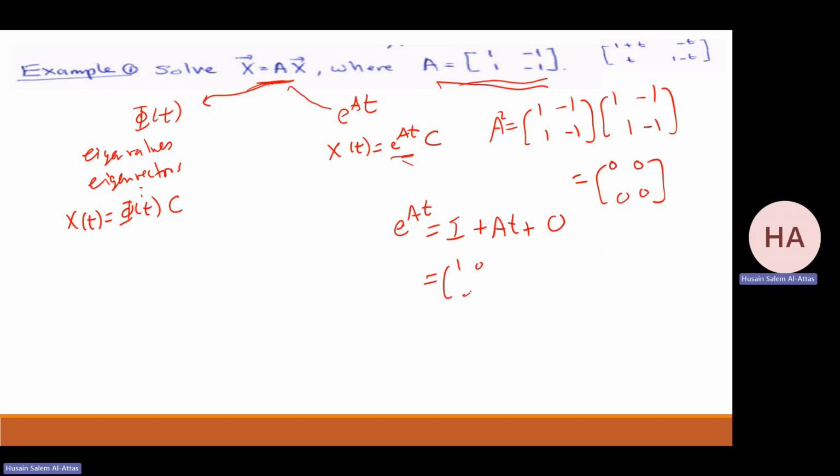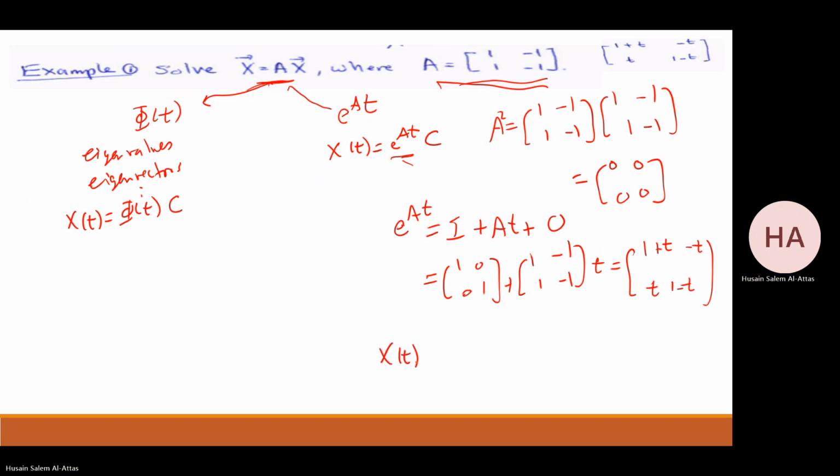So it will be the identity 1, 0, 0, 1 plus the A matrix times t, and that will be 1 plus t, minus t, t, 1 minus t.